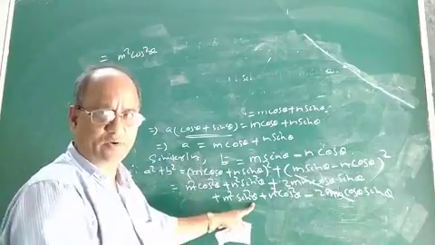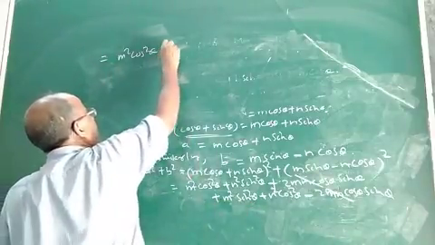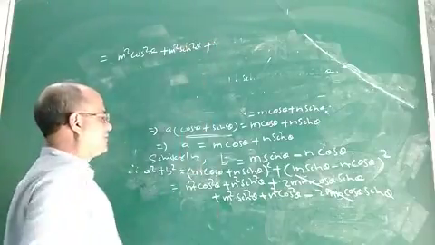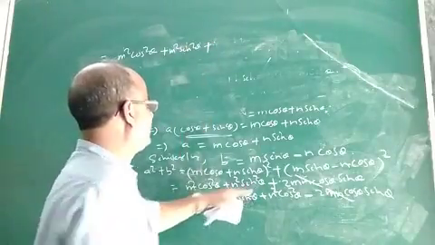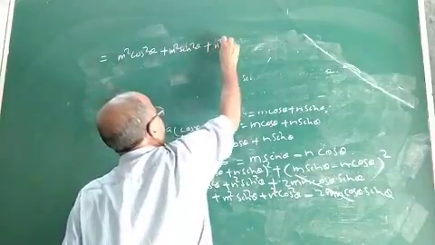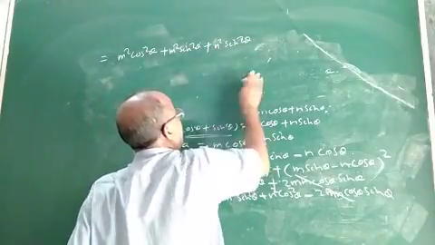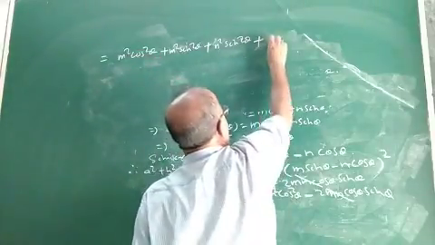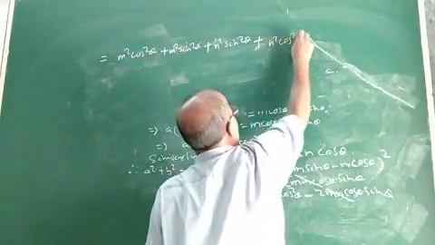First you arrange, then you take common. Similarly, here it is n square sin square theta and here it is n square cos square theta. So rearrange the terms.